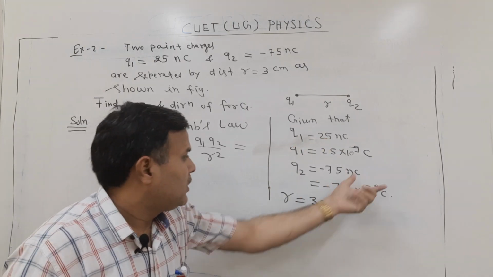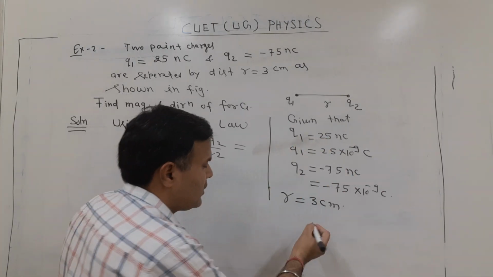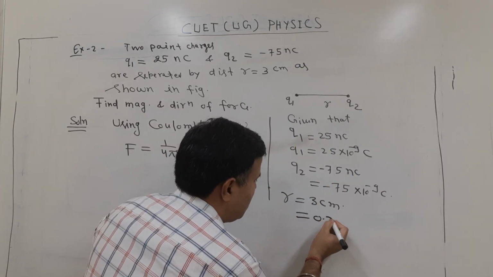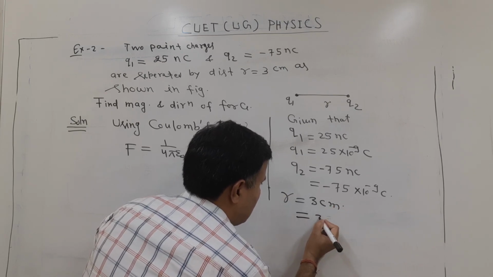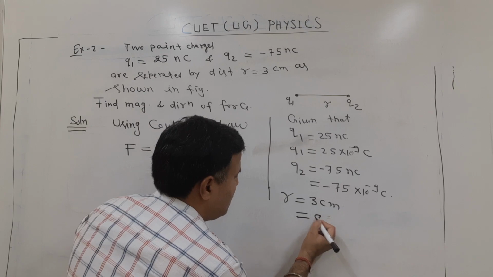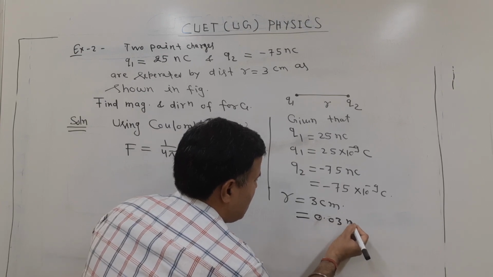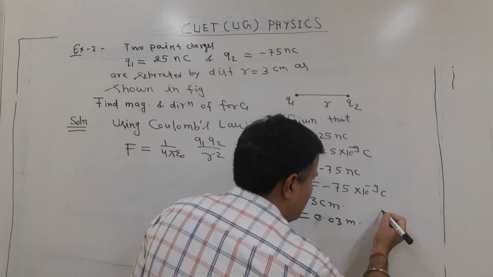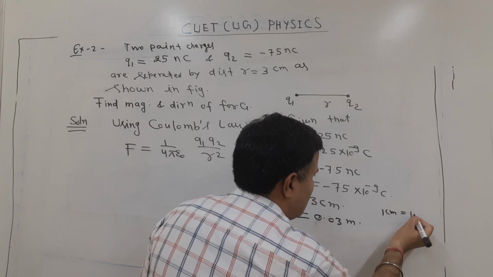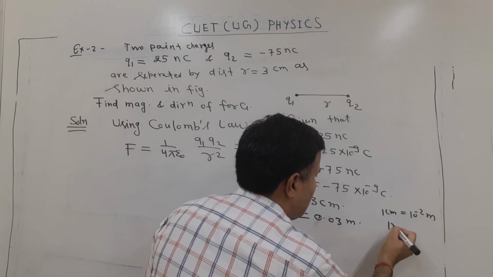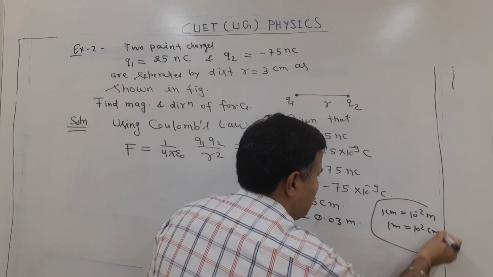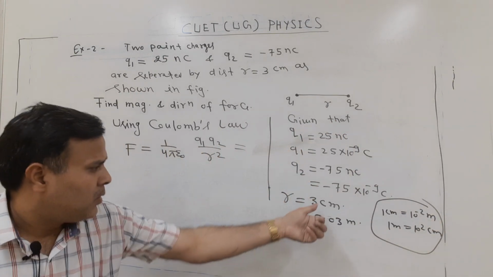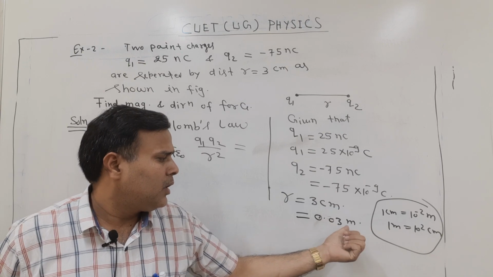Here q1 and q2 are in coulomb, so we convert r. We know 1 centimeter is 10 to the power minus 2 meter, or 1 meter is 10 to the power 2 centimeter. This is basic. So 3 centimeter is 0.03 meter.